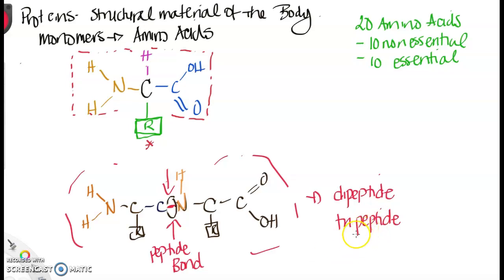If we have a chain of amino acids that's less than 100 amino acids long, then we have a polypeptide. If it is greater than 100 amino acids long, it's officially a protein.